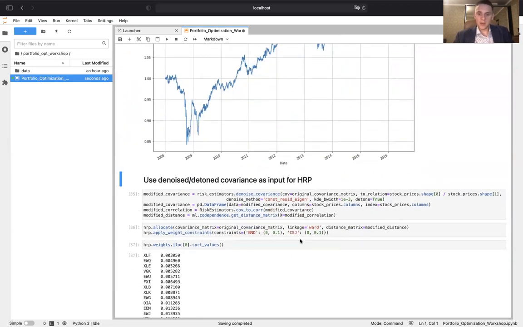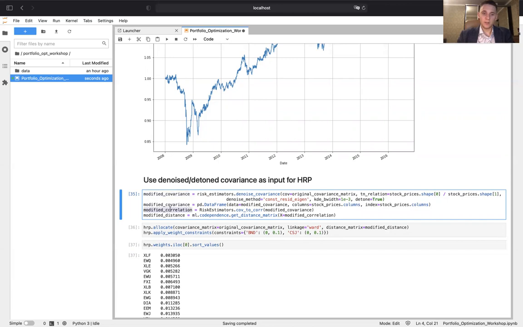So what we can now do is use denoised or detoned covariance as input for our HRP algorithm. Let's say that we detone and denoise our covariance matrix by using the constant residual eigenvalue method with a kernel bandwidth of 1,000, and we create the modified covariance.